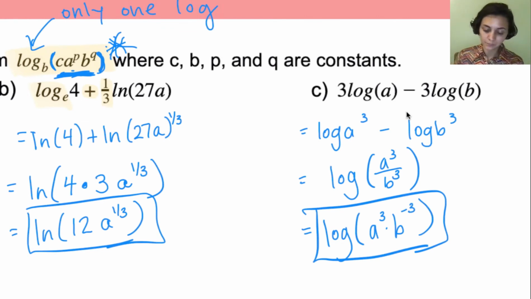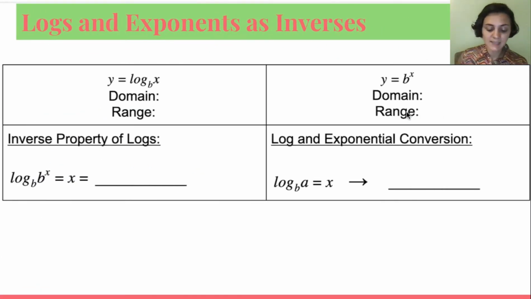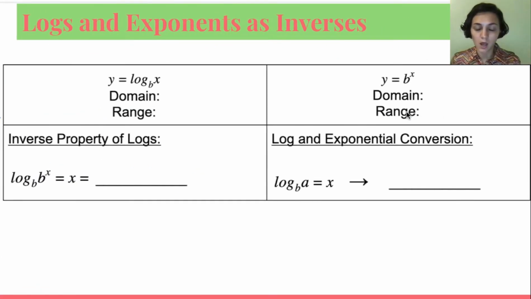Okay, cool. So the last thing that we want to learn about with logs is its relationship to exponents. And the big relationship that I'm going to reveal is that logs and exponents are inverses of each other. So similar to how addition and subtraction are inverses, multiplication and division are inverses, the square and the square root are inverses.